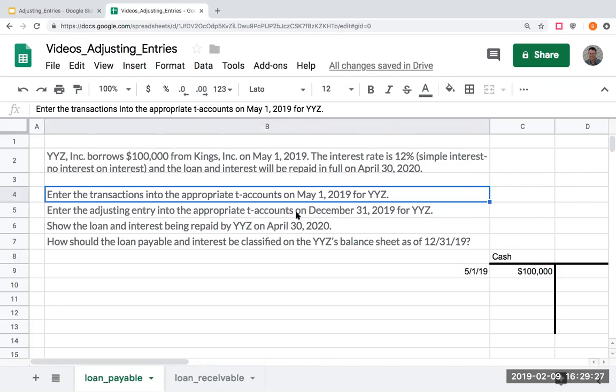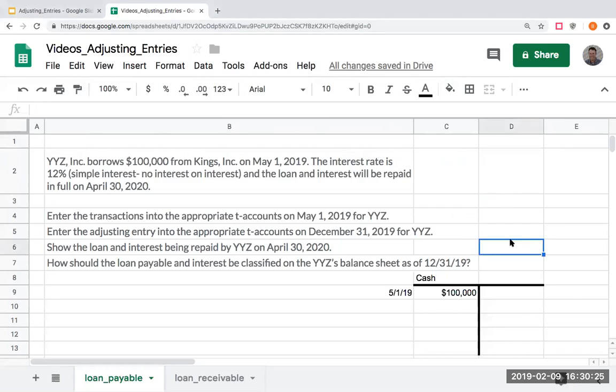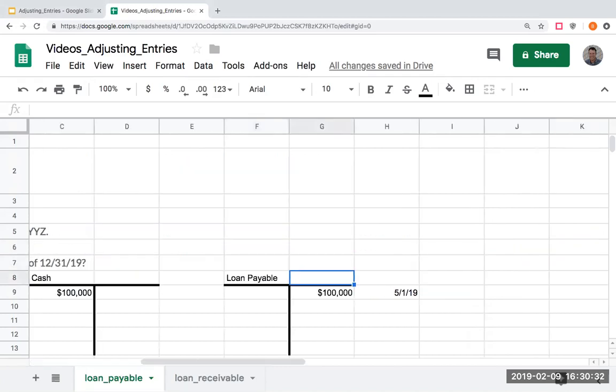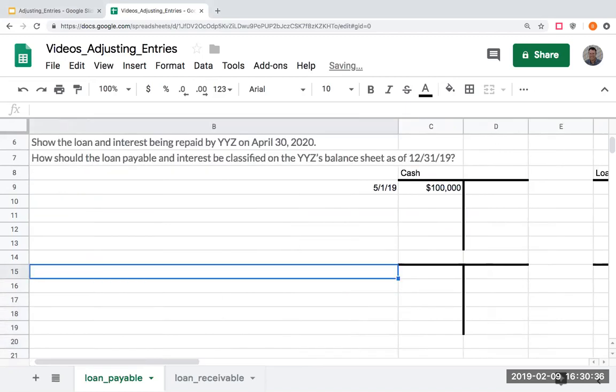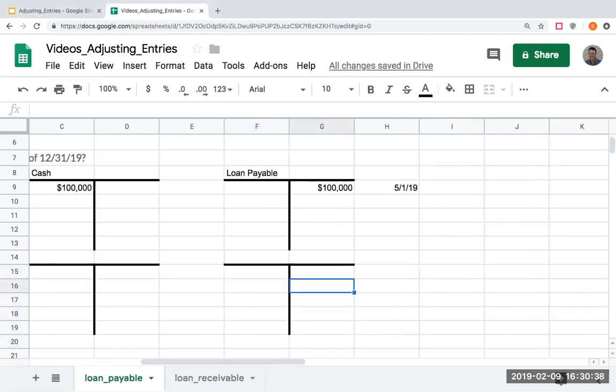So now we're going to enter the adjusting entry into the appropriate T accounts on December 31st, 2019 for YYZ. Okay, so I've borrowed $100,000 and the interest rate is 12% per year. So what I need to figure out is, since I've borrowed money, I'm going to have to pay interest.